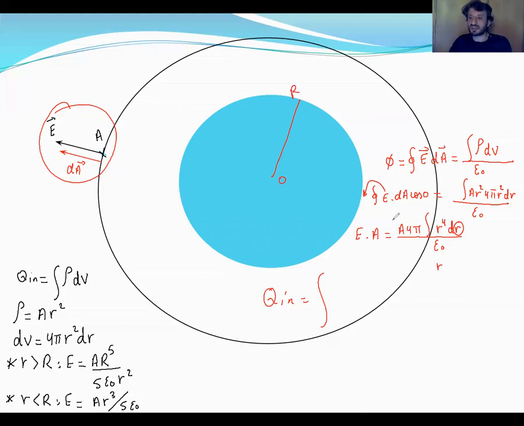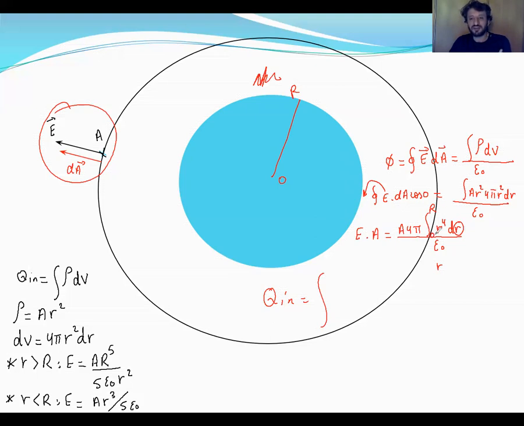So the limit of the integral is important to put between 0 and capital R. The r related to Q in must be inside the sphere. It cannot be outside. This limit is very important because it relates to the value of the charge.